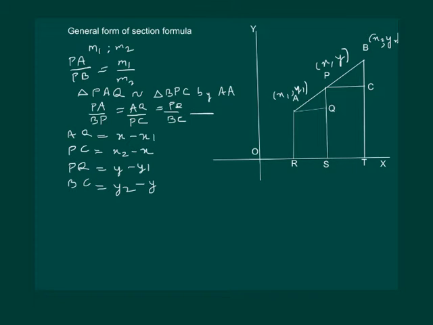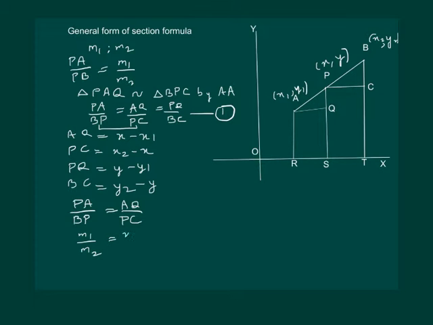Now, from the ratio equation, taking 2 at a time, we know PA by BP is m1 by m2. Using this, we can find the value of x and y. We start with the first two. PA by BP is m1 by m2.